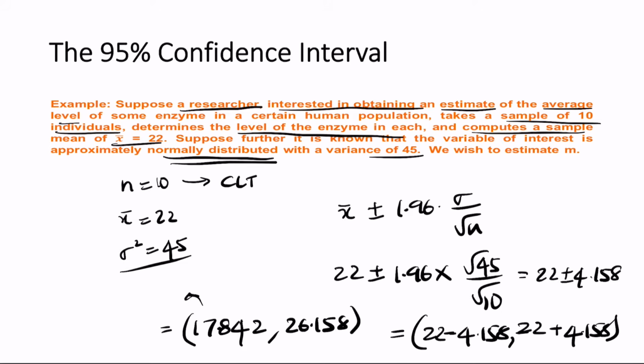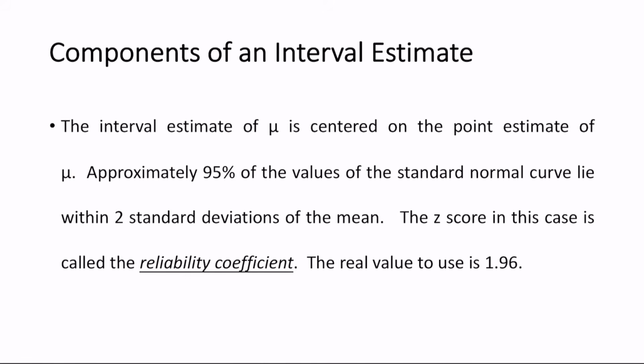So this is the 95% confidence interval, and this is the estimate. So the mean value here lies between 17.842 and 26.158. So this is how you can calculate it.